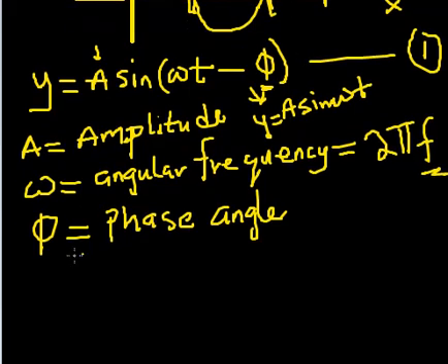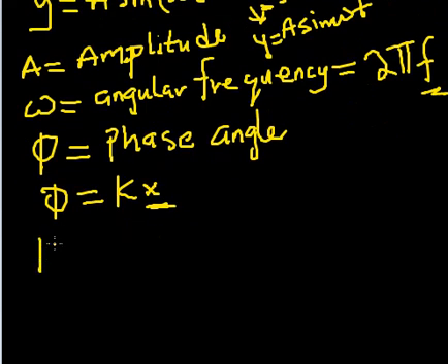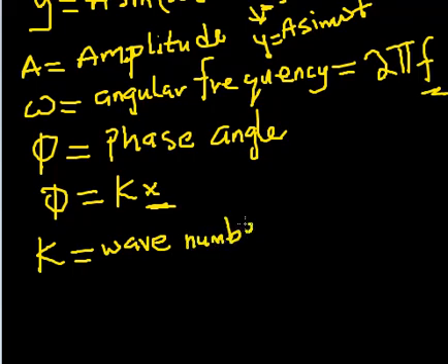Now the phase angle of a wave is given by kx. That's another way of expressing phase angle. Of course, x is the horizontal displacement, just like we have y and x. So what is k? Remember, a wave travels, it vibrates. k is known as the wave number of a wave.